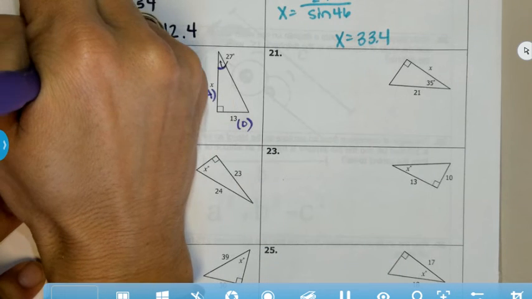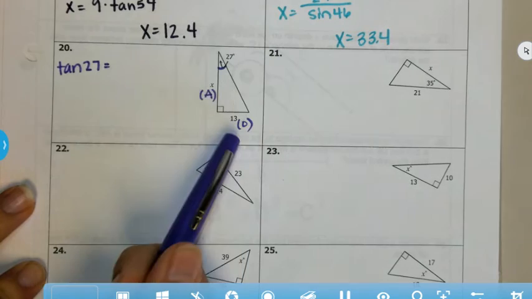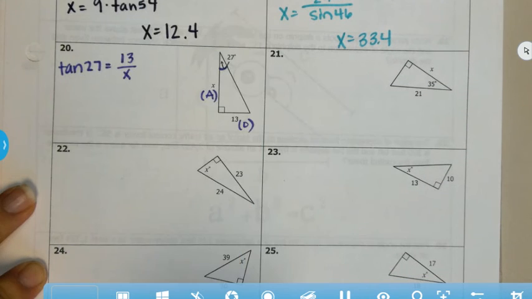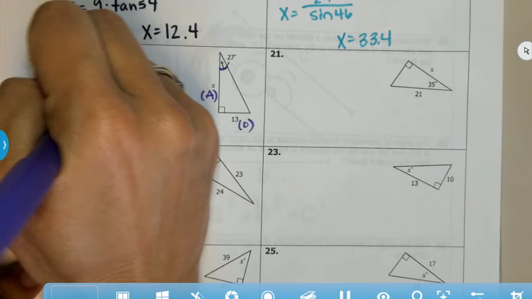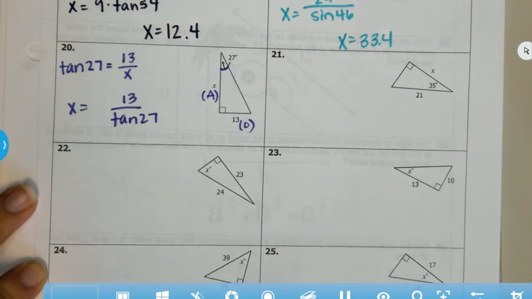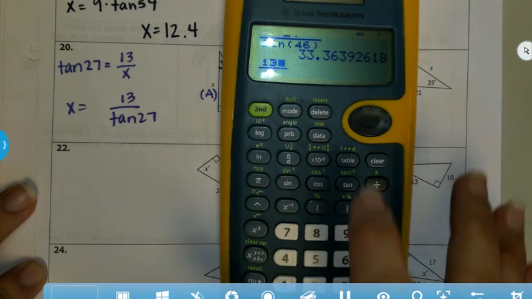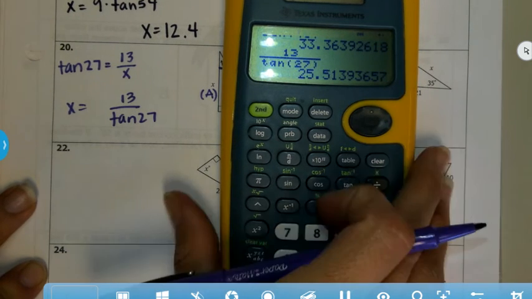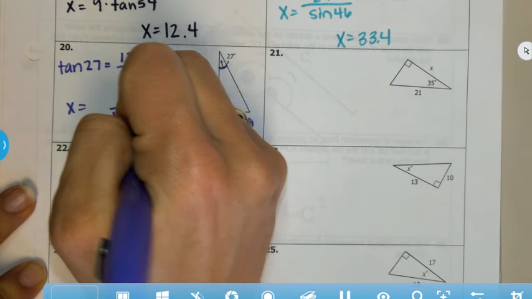So tan 27 equals opposite over adjacent, 13 over x. And so x equals 13 divided by tan 27. So 25.5 for x.